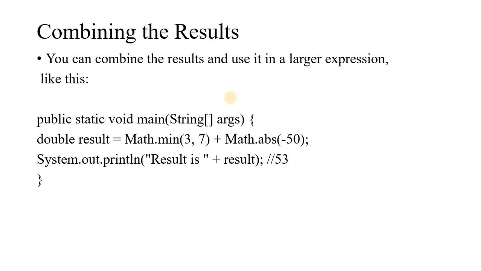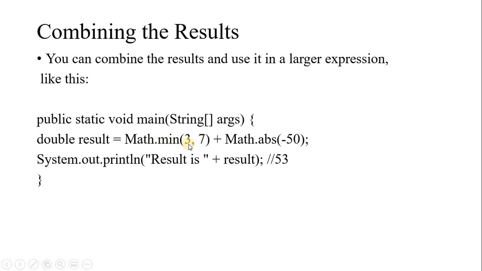Also, we can process different values by adding them. It is not concatenating, it's summation, an addition. If you process values with math methods, you can use two methods together with arithmetic operations.